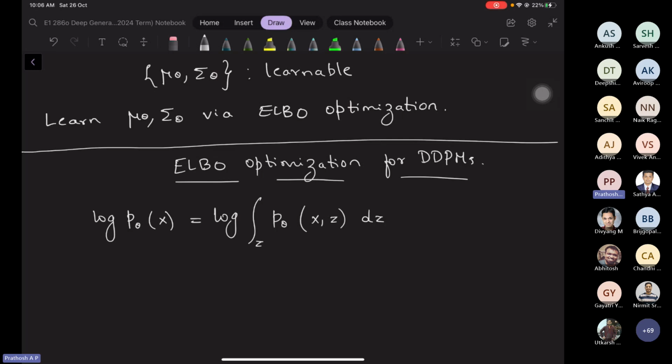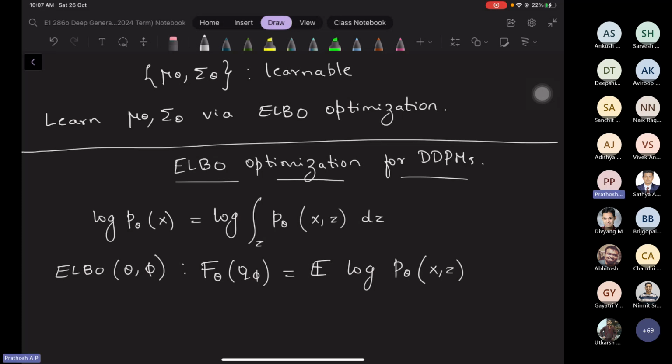So finally, what was our ELBO, a function of theta and phi, which we represented as f theta of q phi? That was an expectation of log of p theta of x and z divided by q of z given x, with respect to q of z given x. Do you recall this, all of you?